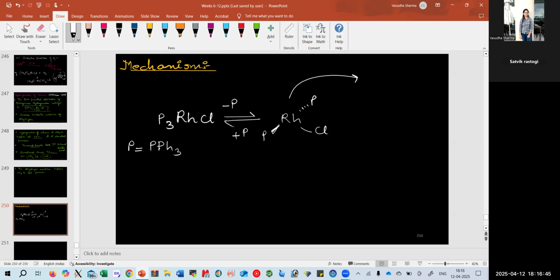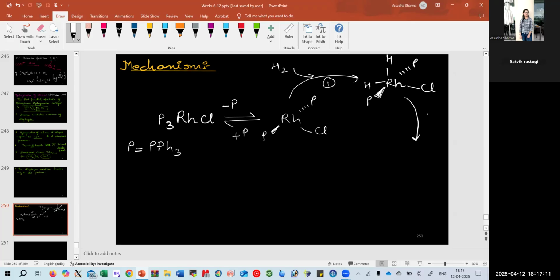Now, the first step, as I said, we will be introducing dihydrogen, and this is an oxidative addition step, where H and H would be occurring in a cis fashion. So here, if you are having a phosphine group, another phosphine group, and Cl group, this H would come at the cis position.